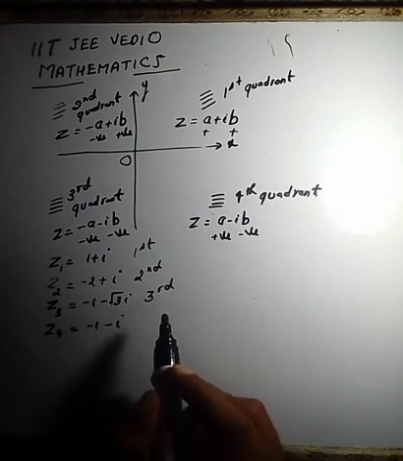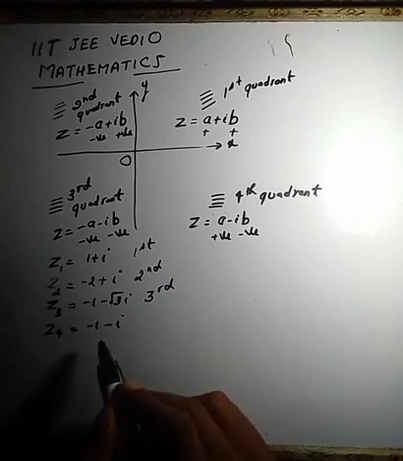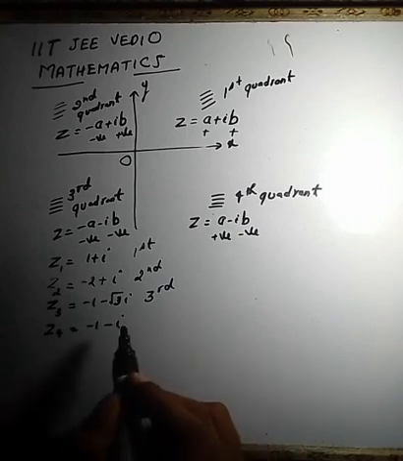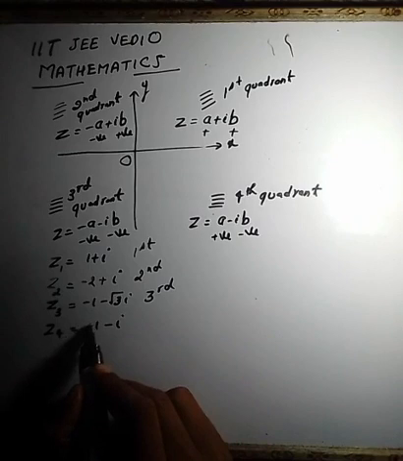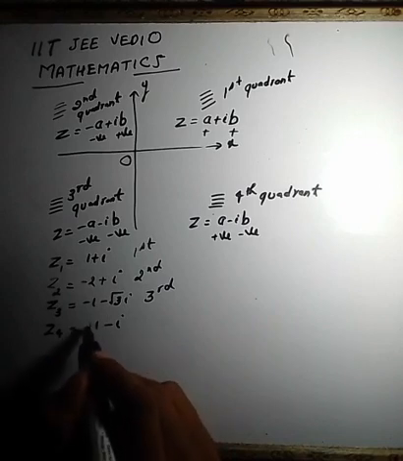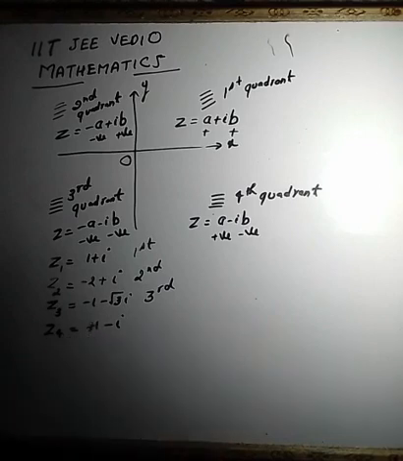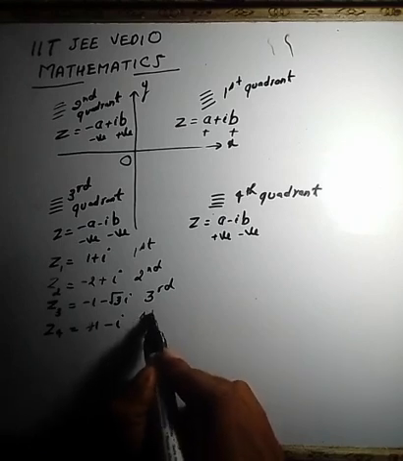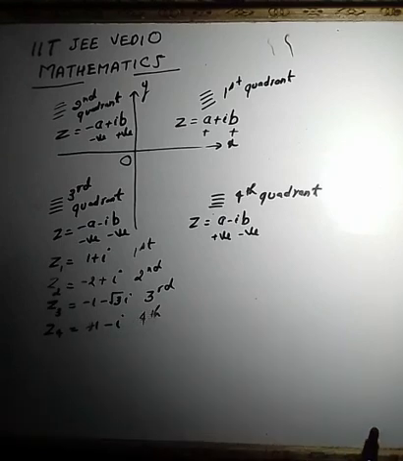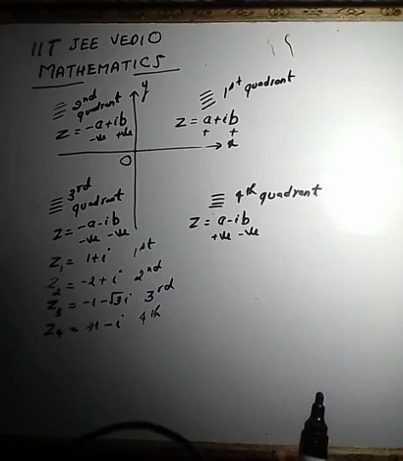And for the fourth quadrant, positive 1 and minus i, so it will lie on the fourth quadrant. Understood? So I think it's very easy.